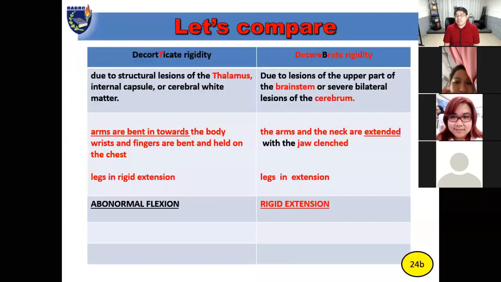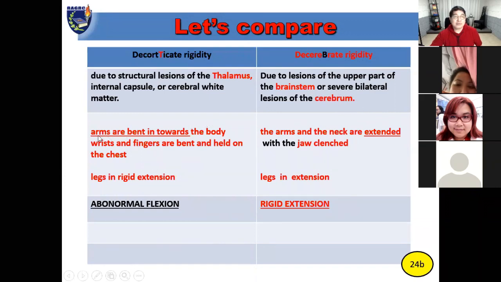Okay, now to simplify, let's compare. Decorticate. Remember, this is a code. Decorti, T, means there's a lesion or a problem in the thalamus, T, decorticate. Decerebrate, B, there's a problem in the brainstem or cerebrum, B, okay, decerebrate. So decorticate thalamus, decerebrate brainstem or cerebrum, okay?